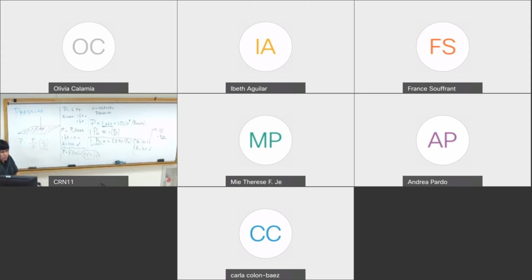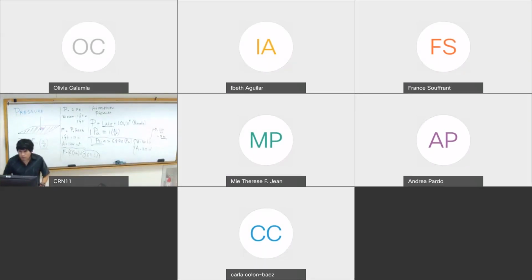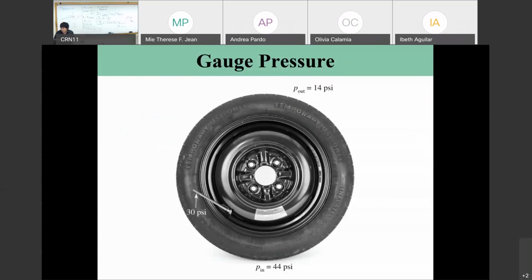Let's talk about gauge pressure. Applications in everyday life. That one is important because you deal with that when you want to change a tire. In fact, I have to deal with that in a few days because my tire has low pressure right now.